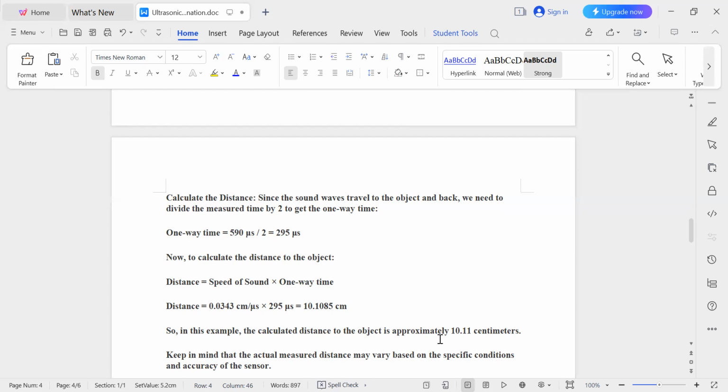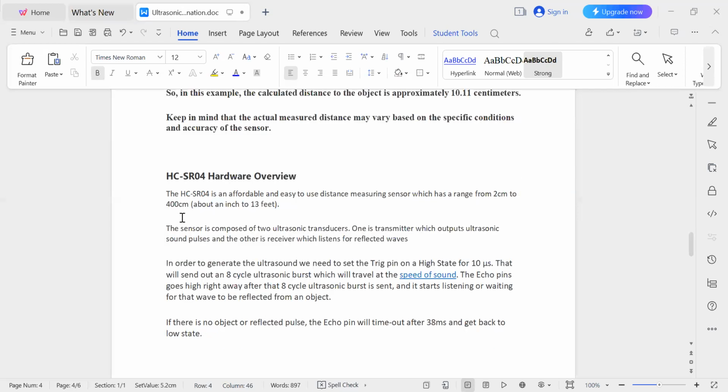You should keep in mind that the actual measured distance may vary based on the specific conditions and the accuracy of the sensor. So it depends on both. In this, I have used the module number HC-SR04. It is an affordable and easy to use distance measuring sensor. And what is its range?